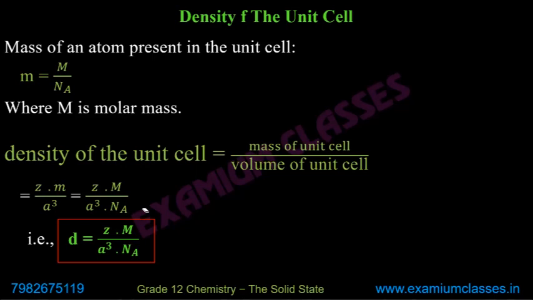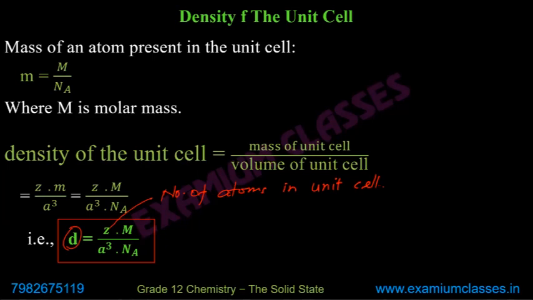To understand each term, D is density, Z is the number of atoms in the unit cell. Means if it is simple cubic, Z will be 1. If it is body centered, 2. Face centered, 4.